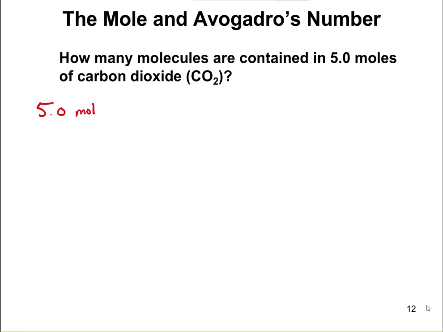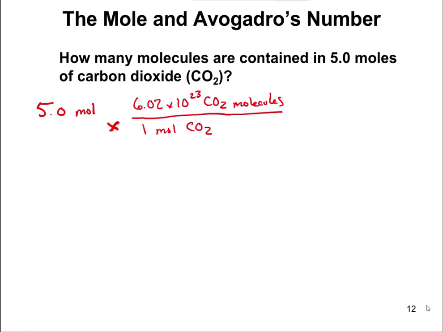We're going to have to write out molecules, otherwise it's hard to know what unit you're working with. So if we want to know how many molecules you have, you would say that for every 1 mole of CO2, there's going to be 6.02 times 10 to the 23rd CO2 molecules. So I'm going to write the whole thing out there.